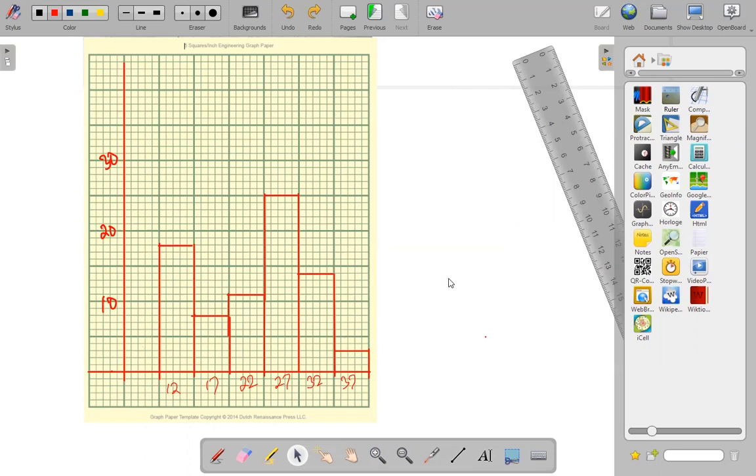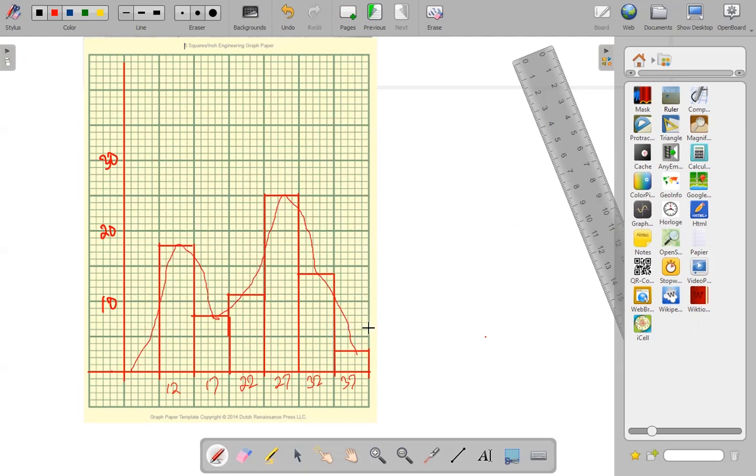If I am to represent this data with a frequency curve, this is what I will have. I will start here, come down, down, then down.